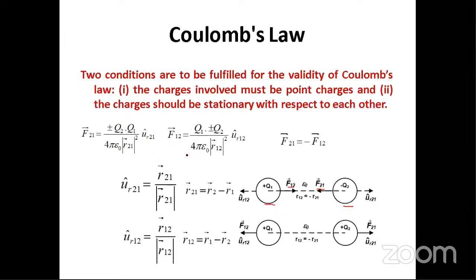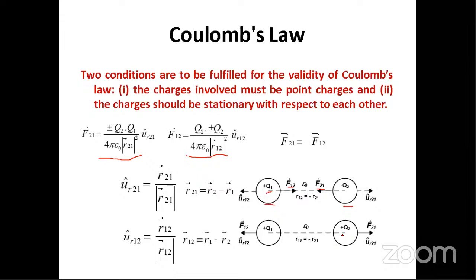You can measure the force in terms of F12. F12 is denoted by the formula Q1 plus or minus Q2 by 4 pi epsilon 0 R12 square, where R12 is the distance between the two charges, and similarly you can represent it as F21. Always we consider the charge Q1, and the other is either minus Q2 or plus Q2. If the second charge is negative, the force between the two is attractive.